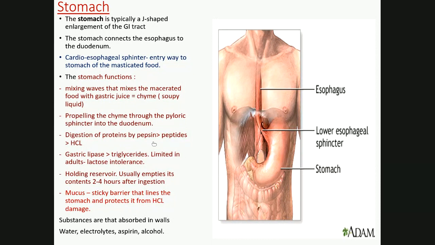Some of the digestive capabilities that occur are that we have the ability to digest proteins through pepsin and hydrochloric acid. We have the ability, through gastric lipase, to break down triglycerides, and this is what is limited in adults, causing lactose intolerance.